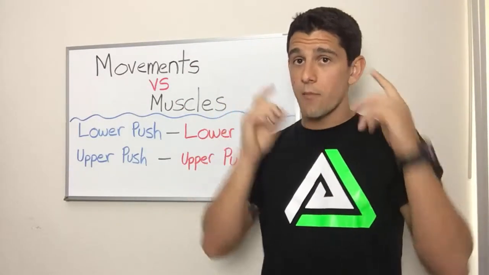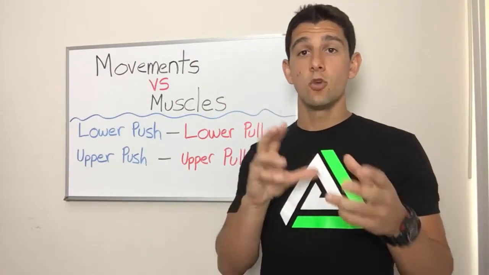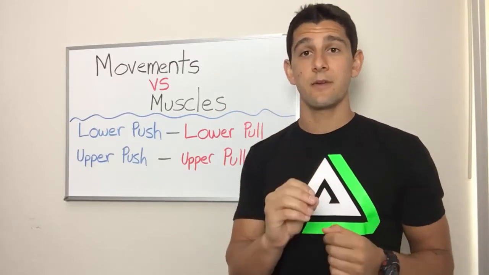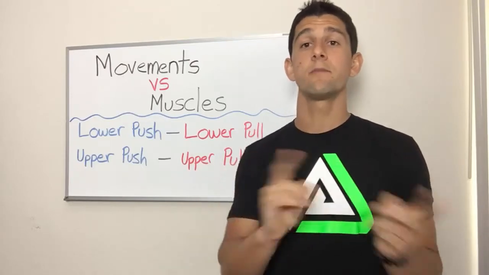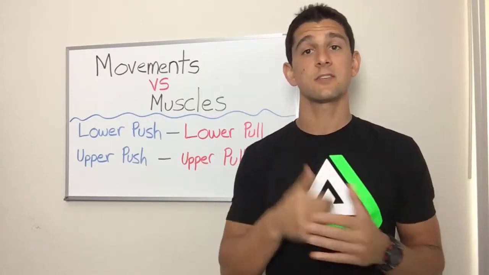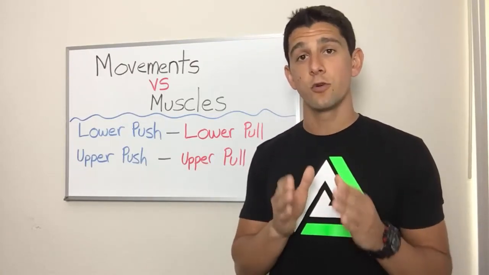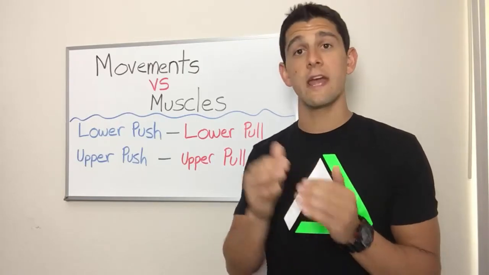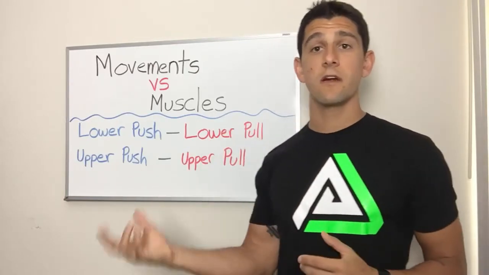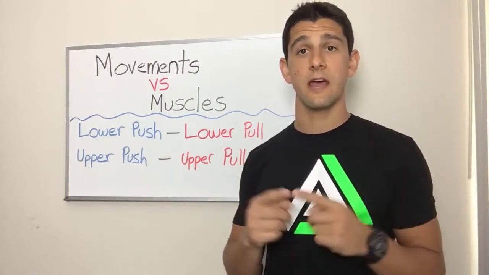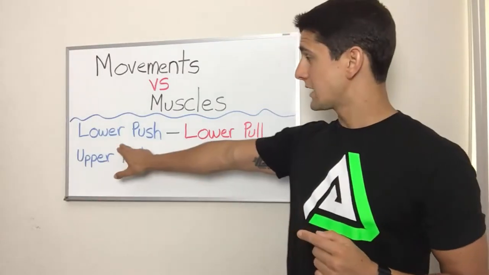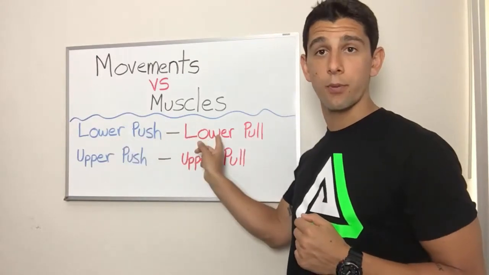So when you think about movements in that type of way, you can maximize your time at the gym by pairing exercises together that are training different movement categories. And I'm going to help you in the next part of this video on how to put those movements together and create a training program. But a very simple way is to just pair antagonist movements together. Therefore, I can do a lower push paired with a lower pull.